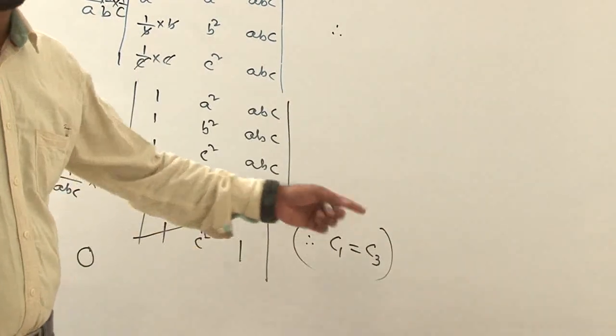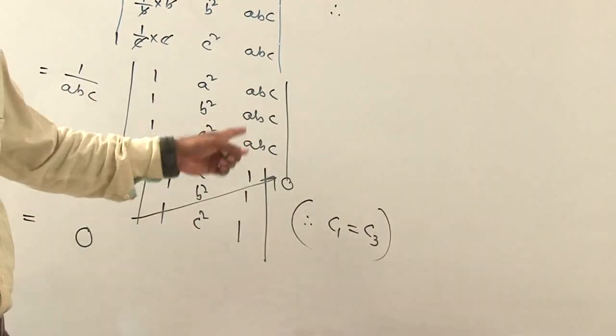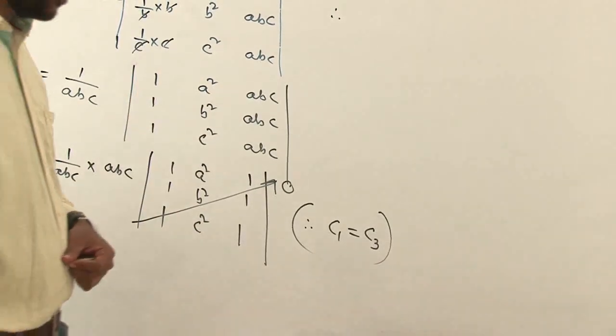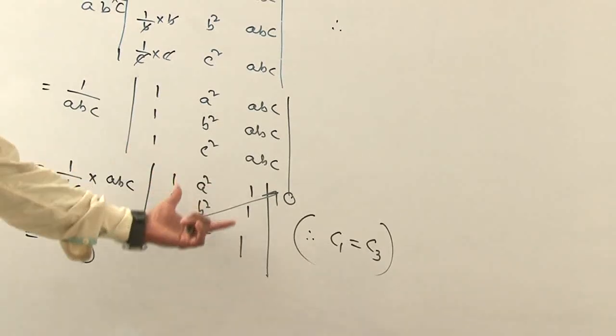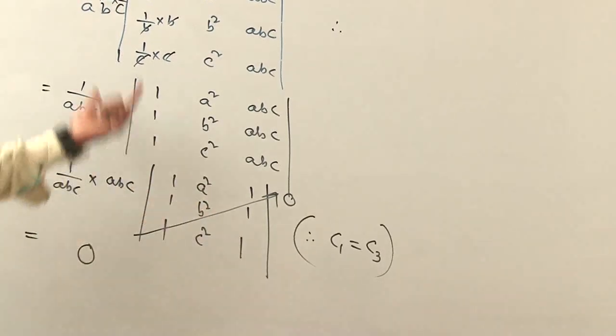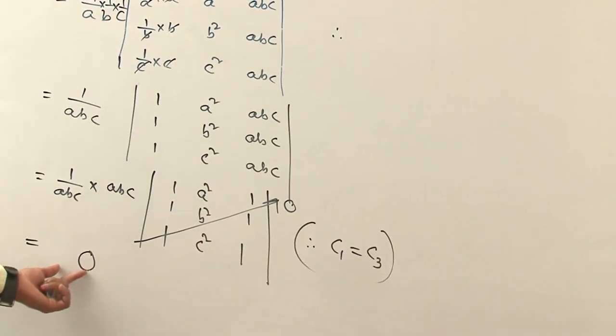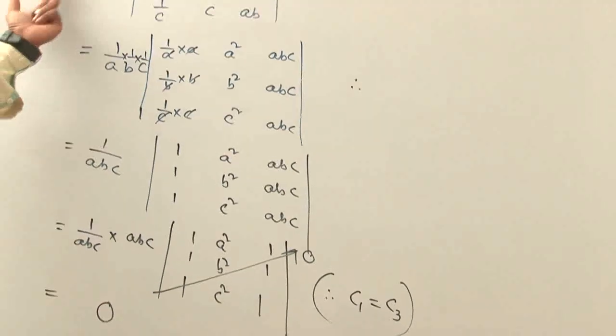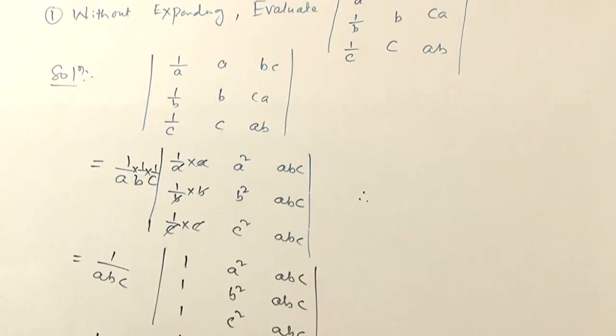As column 1 is equal to column 3, all the elements of column 1 and column 3 are the same. So the determinant will be 0. If the determinant is 0, then the answer is also 0, because any number multiplied with 0 is 0. So the solution of this determinant will be 0.